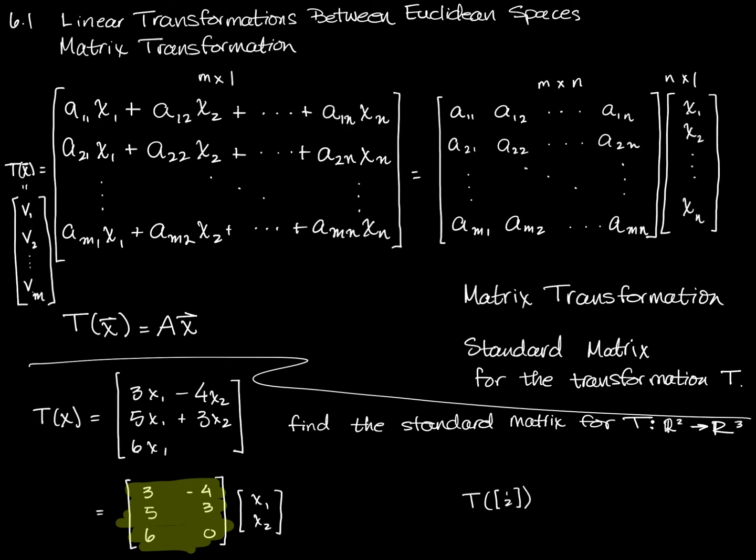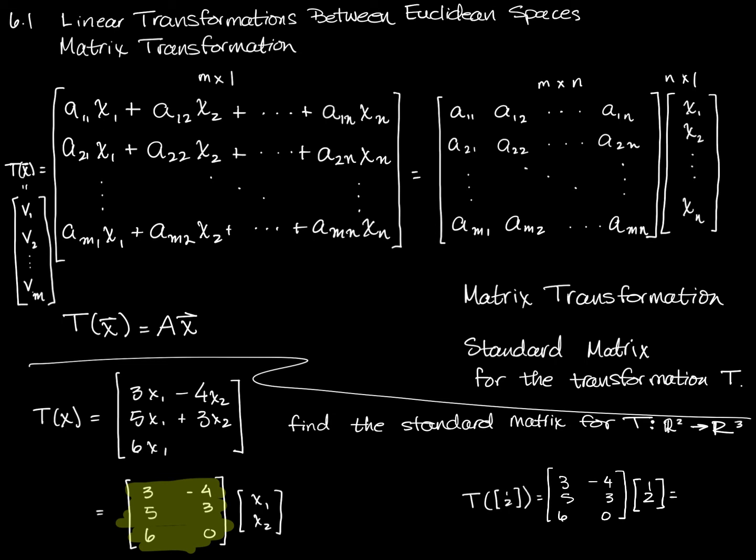And instead of writing it out like this, once I have a vector like this, I can just replace this vector here. So that transformation is going to look like this: 3, negative 4, 5, 3, and because I've found this standard matrix, I found the matrix I need to do this with. 1, 2 is my new vector.